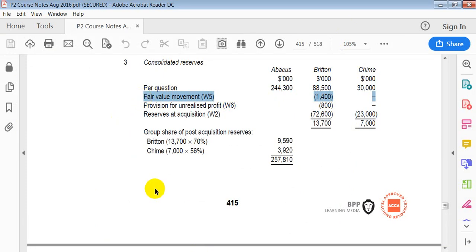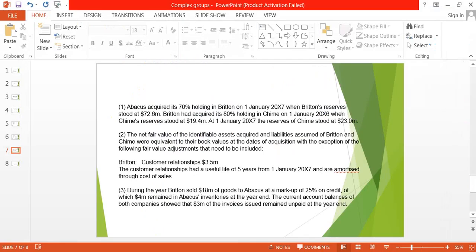Then we have in note 3, Britain sold goods worth 18,000 to Abacus at a markup of 25% on credit. 4 million of these goods were still in stock, so we need to compute the unrealized profit.